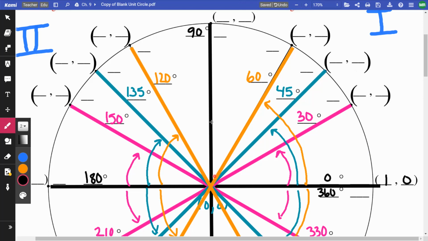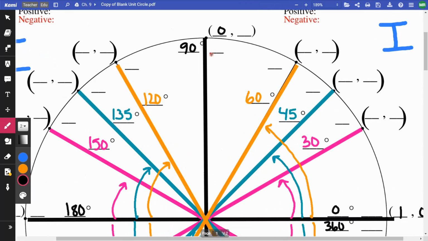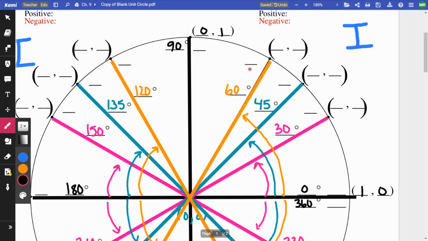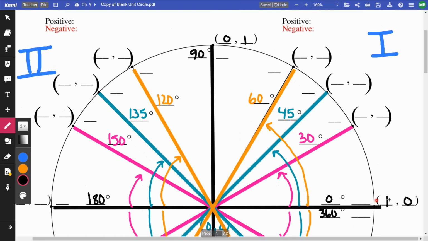Which means straight up here at the 90 degrees, I'm at 0, 1, because I'm going 1 up. So again, I'm 1, 0, because again, this is like a graph, XY axis.